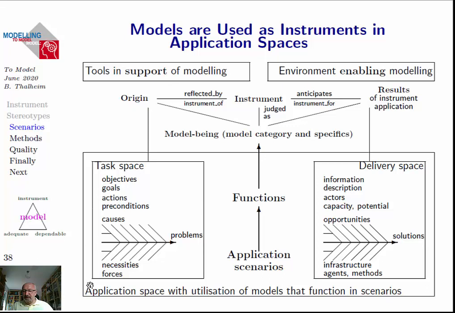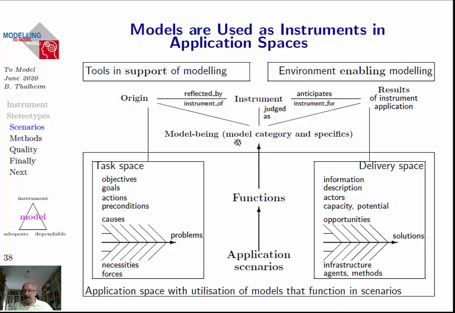We have a task space. We would like to solve some problems that would have a cause that are necessary to solve, and we are forced to solve that. That is somehow reflecting the origin that must be supported by a proper instrument. And then we use application scenarios and functions and determine what is the reason that this is now considered to be a model.